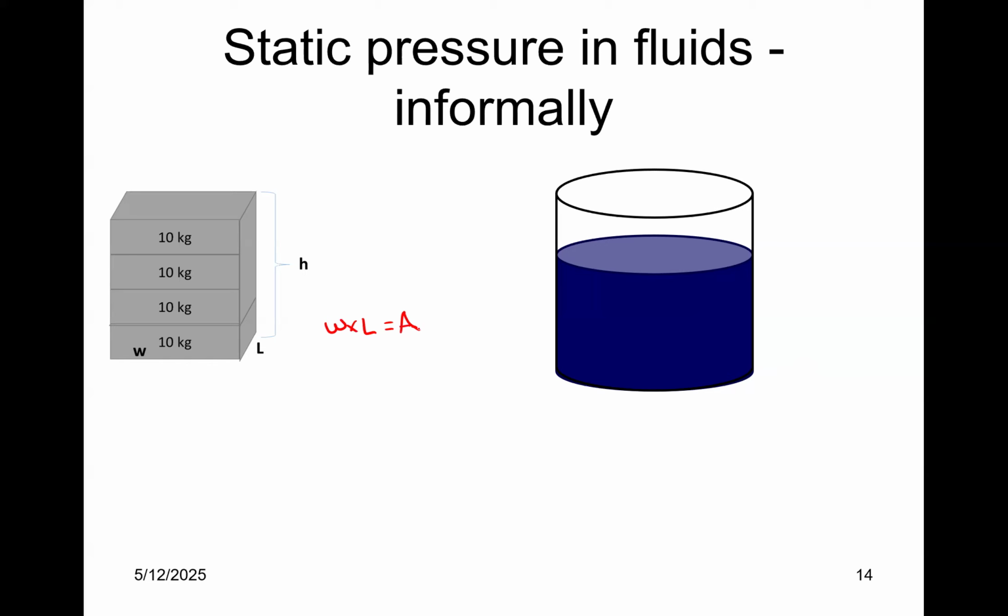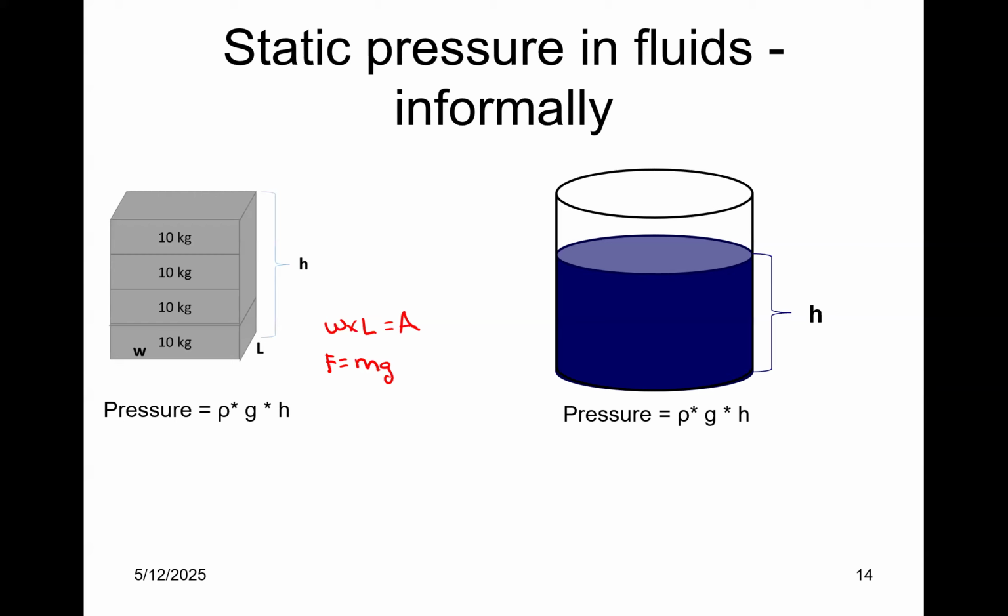And I now need to know what is the force. And the force would be the mass times gravity, right? So a way to calculate this is to say that the pressure, which would be force over area, equals rho g h.